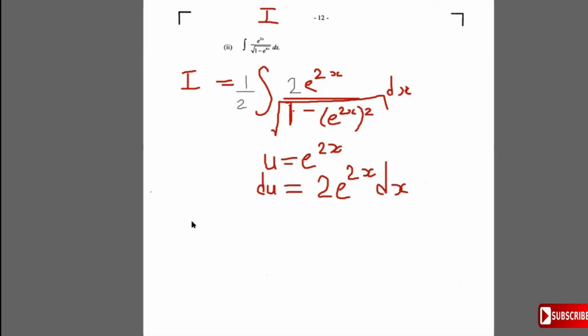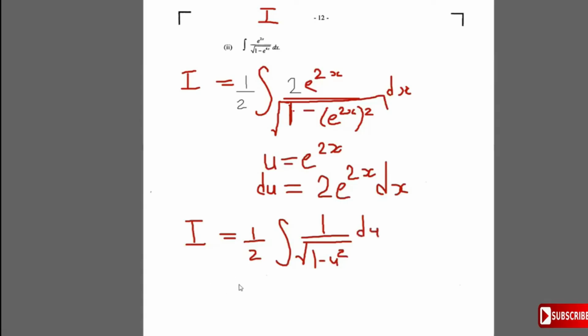Now I can rewrite that I is equal to a half the integral of 2e to the 2x dx, which is now du, so it becomes the integral of 1 over the square root of 1 minus u squared du.